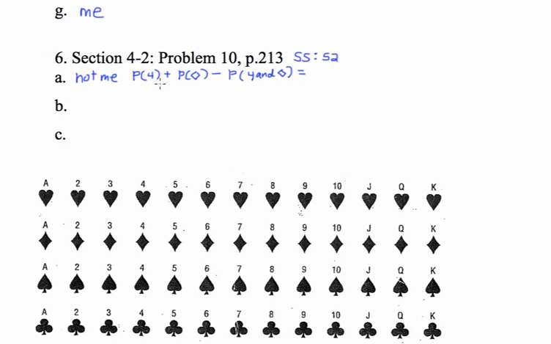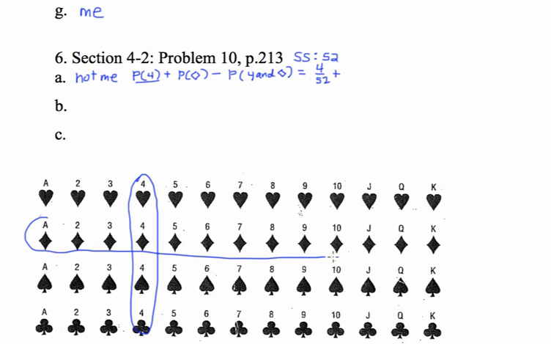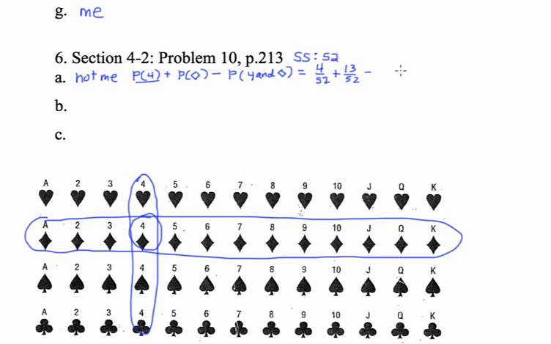So the probability that you are a 4, 4 out of 52, plus the probability that you're a diamond, 13 out of 52. Subtract off the thing that you counted twice, the 4 of diamonds. So 4 plus 13 minus 1, that's 16 out of 52, which reduces to 4/13.